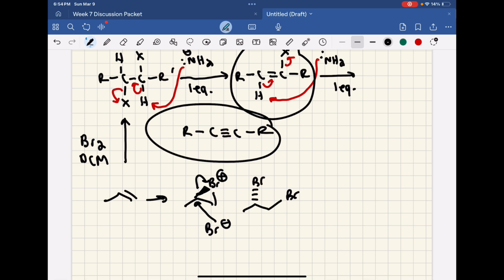This is the dihalide I'm talking about. We could then take that dihalide, use 2 equivalents of the sodium amide in liquid ammonia to get a terminal alkyne. Okay, so just keep in mind all these things are related.